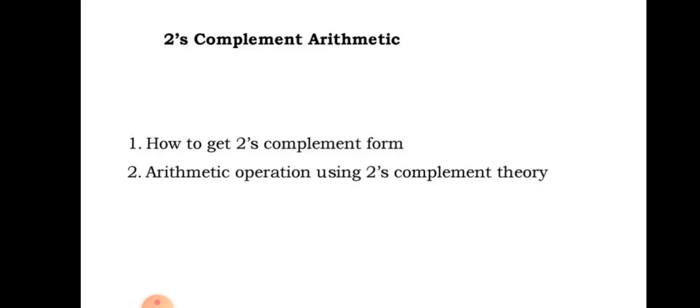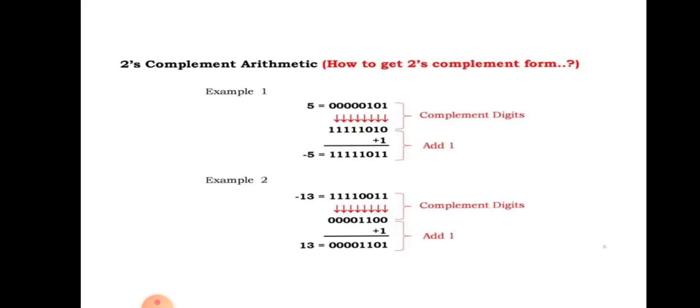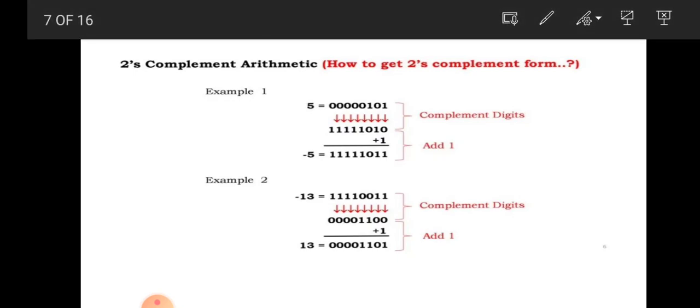Now moving towards the two's complement arithmetic. How to get the two's complement form, and we will see the arithmetic operations using two's complement. Here example number 1. Number 5, its binary code is written here, 00000101.